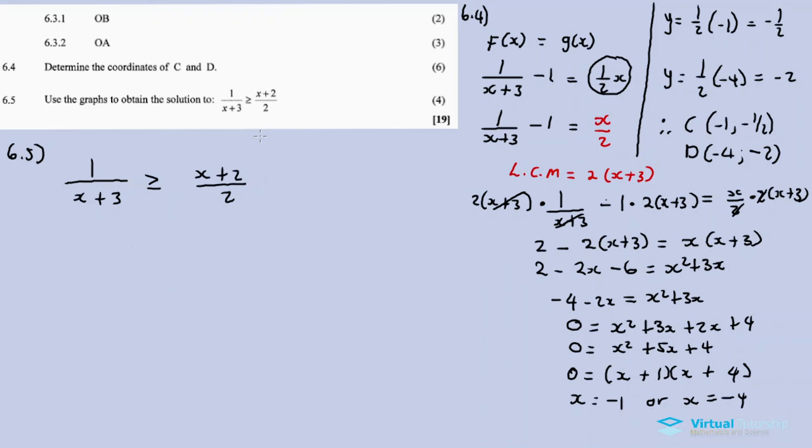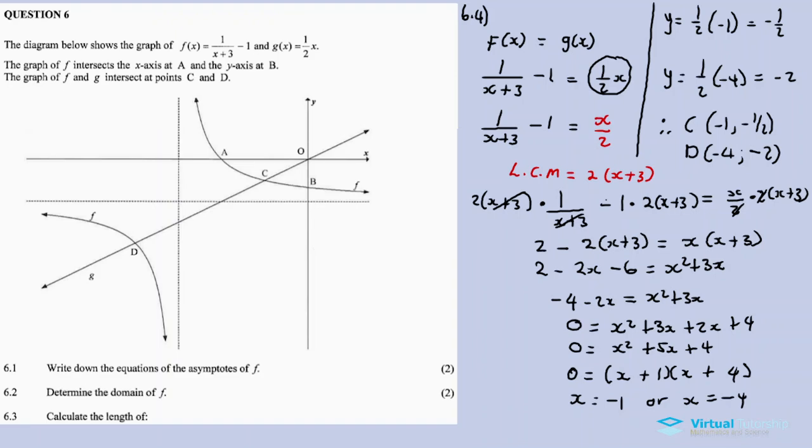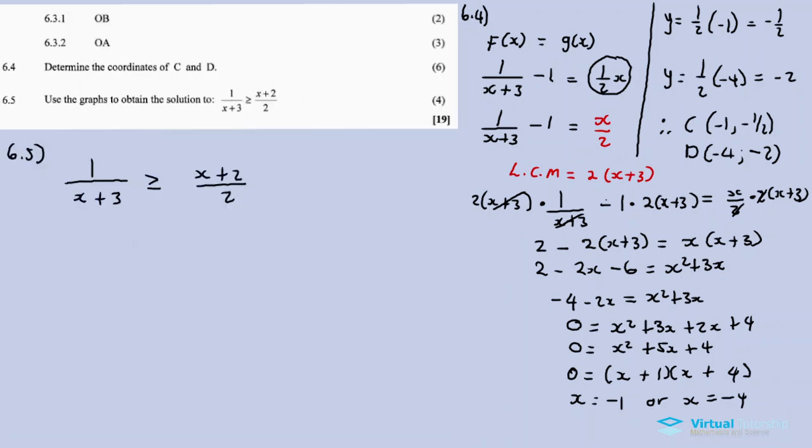So I need to do some manipulation first. Look, this is a part of graph f, which is 1 over x plus 3, and then g is simply x over 2. Let's go back.